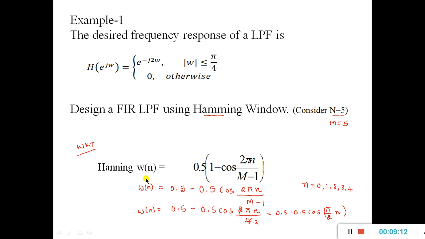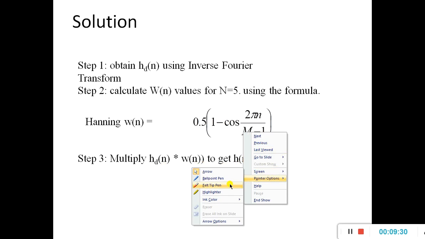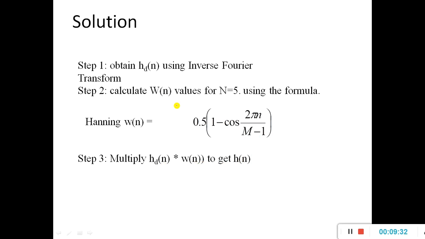Now the final value is to obtain Hn, so I need to multiply Hd with Wn to get Hn. So this point we will try to solve now. I need to obtain Hd of n.